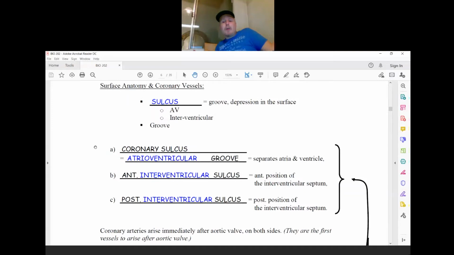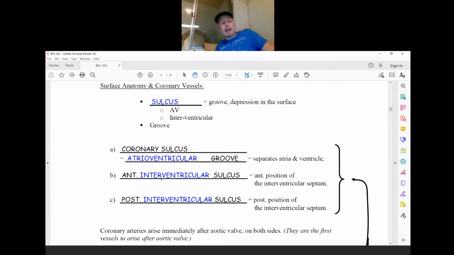Let's have a look at the most important surface anatomy landmarks. We have the atrioventricular groove. That's the groove that separates the atria and ventricle, both on the left and right side. Sometimes also known as the coronary sulcus. So that's two terms for the same structure.